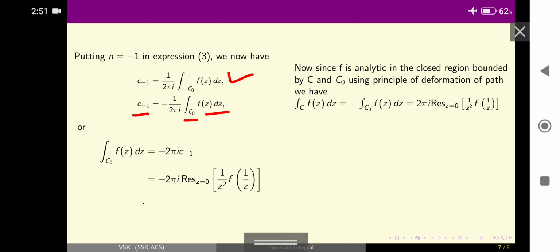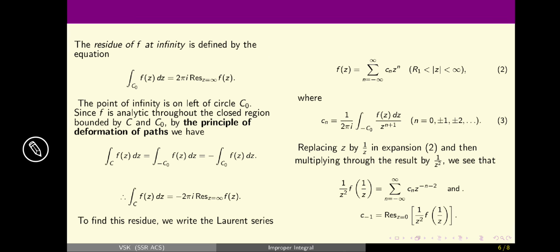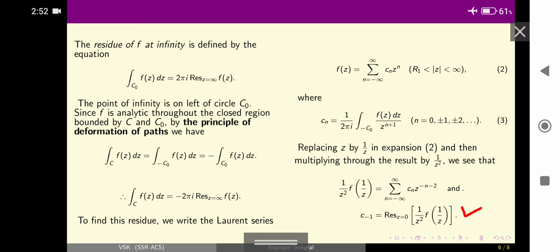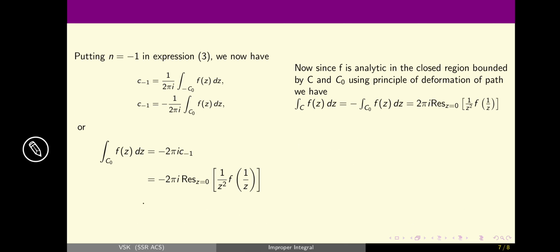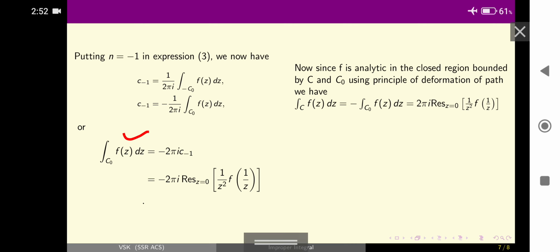From this we obtain that integration of f(z) over C0 is equal to minus 2 pi i C minus 1, and the value of C minus 1 we will write. So it is minus 2 pi i times the residue at z equal to 0 of (1/z^2) f(1/z), because recall from the last slide, the value of C minus 1 is equal to this. So because of this we obtained this expression.